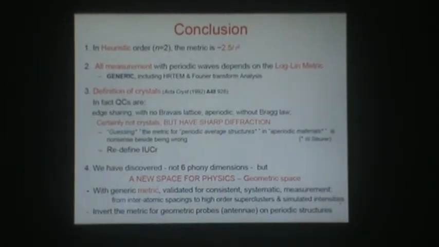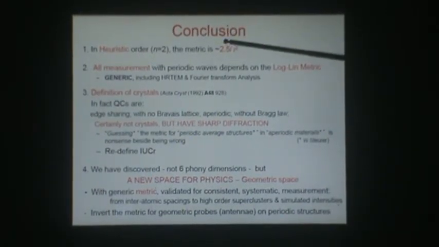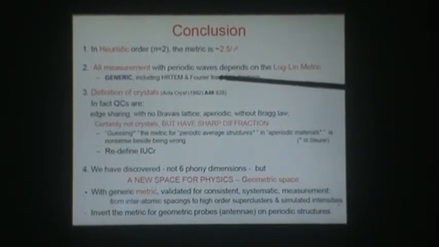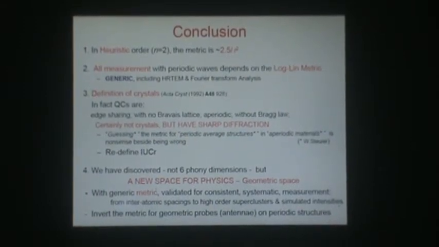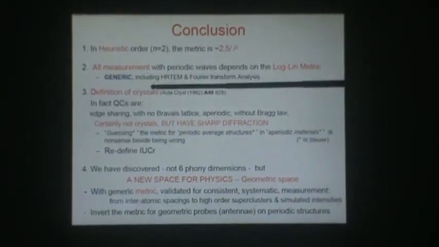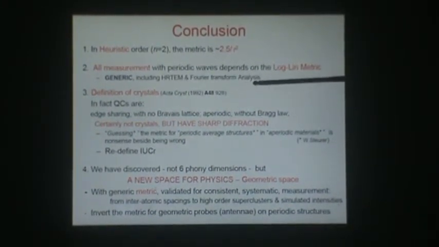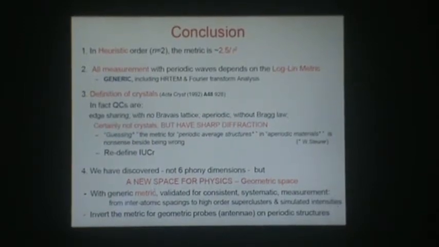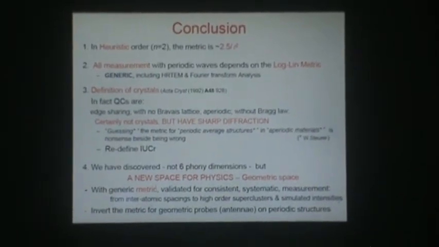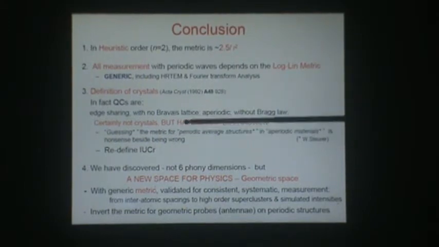And this leads me to the first point in my conclusion. The second point is that all measurement on quasi-crystals with periodic waves depends on the Log-Lin metric. It's generic. It includes high-resolution TEM, which does not image atoms. It includes Fourier transform analysis, which is misleading without the Log-Lin metric. Thirdly, it's a matter of definition.